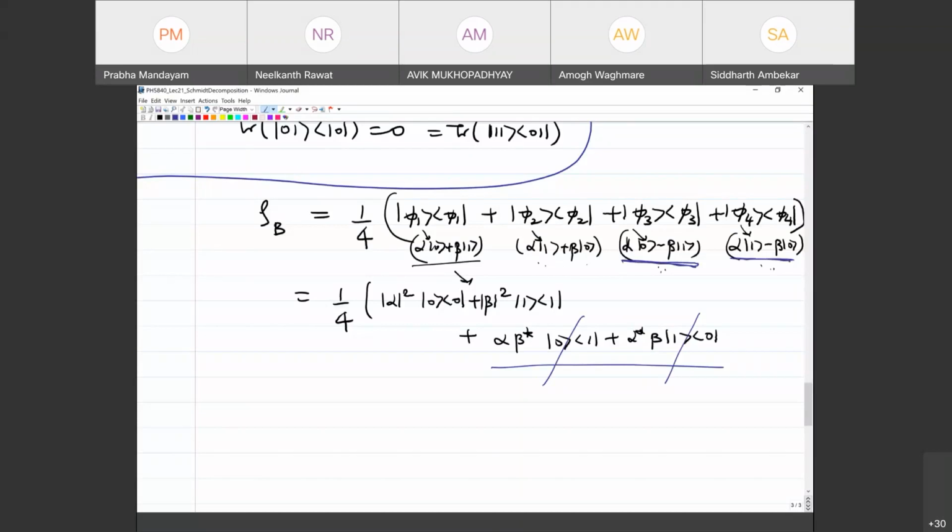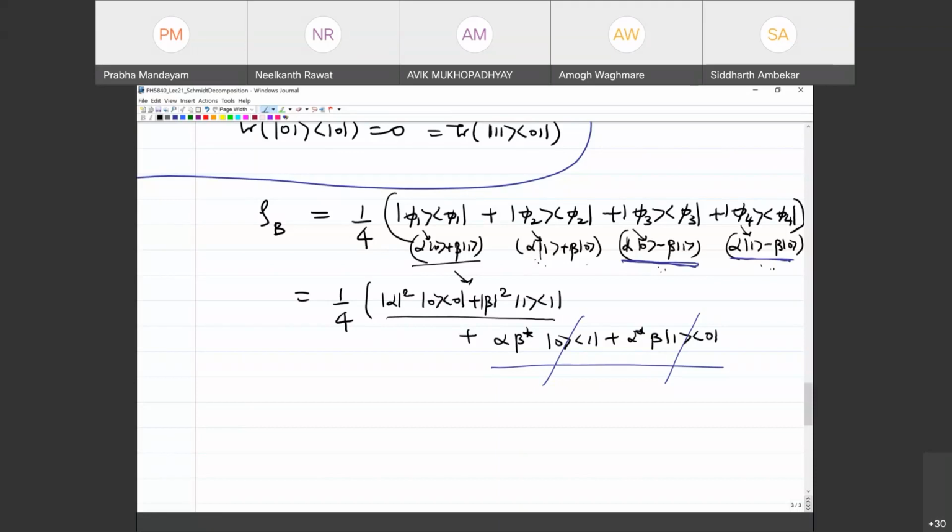So when you put together all of this, what is going to survive are only these so-called diagonal terms like |0⟩⟨0|, |1⟩⟨1|, right? And there are going to be 4 of them, and all of them come with a |α|² and a |β|². Notice that in 2 of them they'll be flipped.